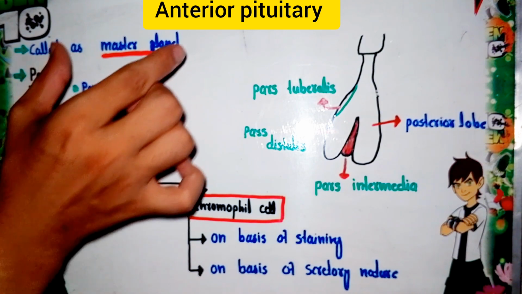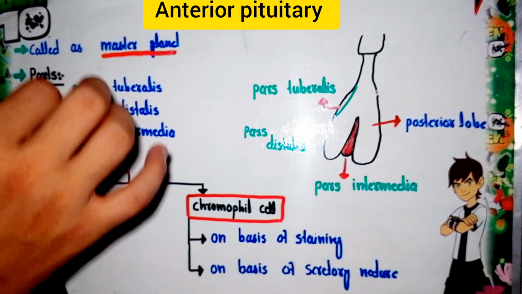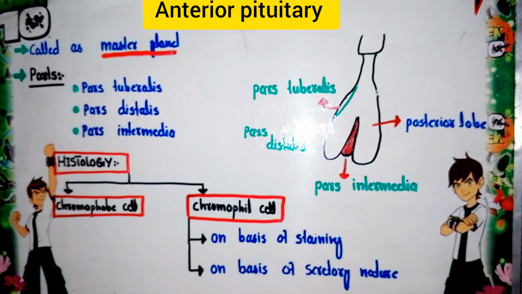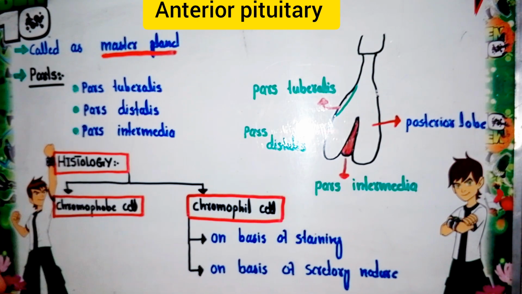That's why it is called the master endocrine gland. Although there are some endocrine glands whose secretion is not under the influence of the anterior pituitary, such as the pancreas, pineal gland, and thymus gland. So these are some of the endocrine glands whose secretion is not under the control of the anterior pituitary.